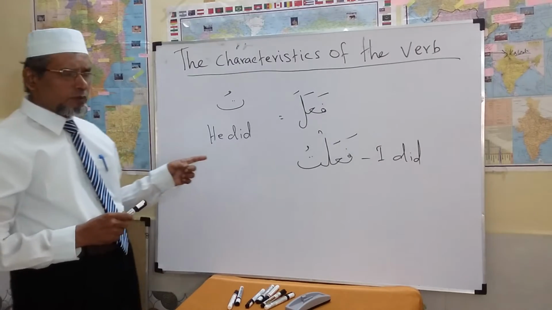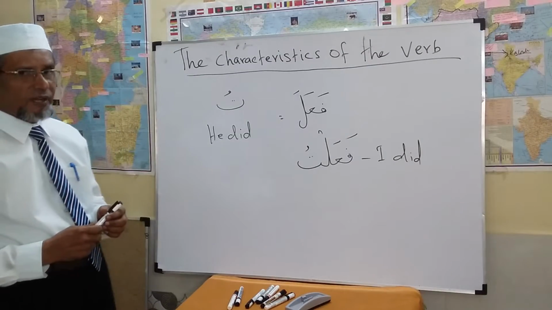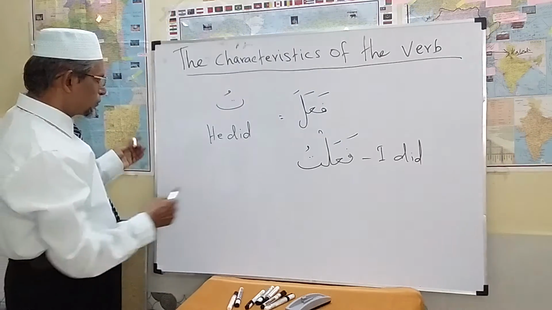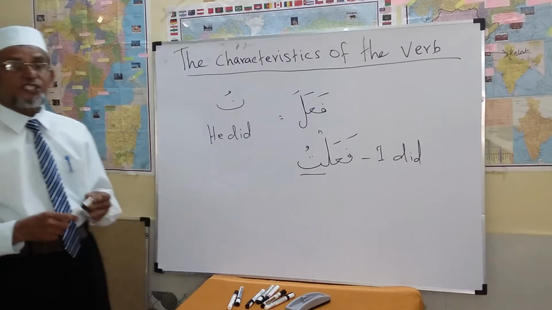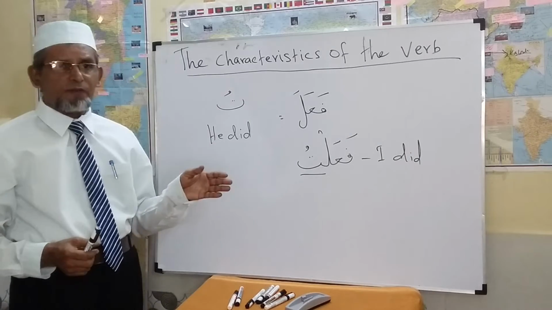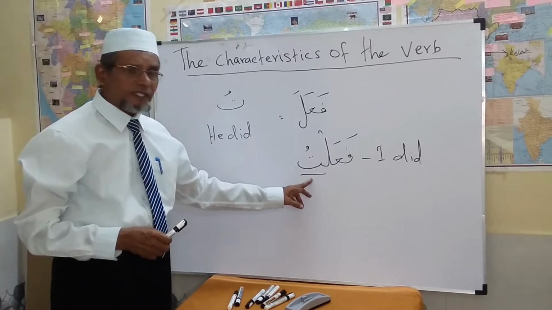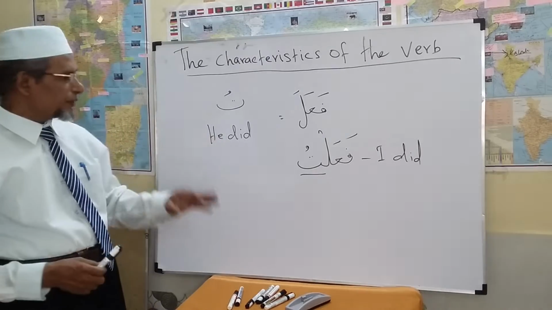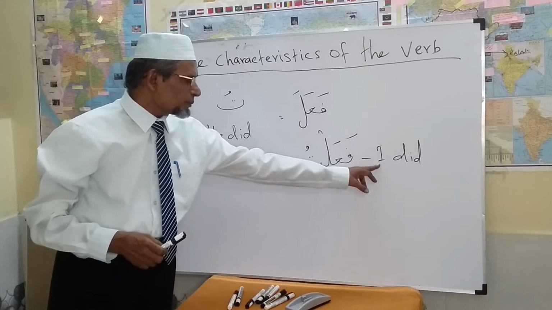The word fa'altu, which means I did, is also a verb, because it is suffixed with the letter tu, which is the subject of the verb and one of the characteristic evidence of the verb. Fa'al means did, tu means I. The total meaning, fa'altu, means I did.